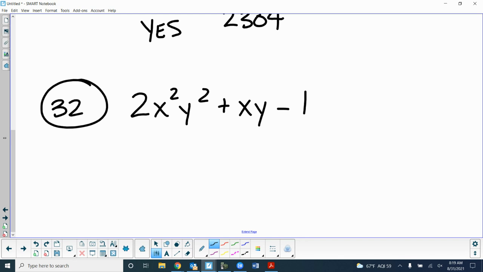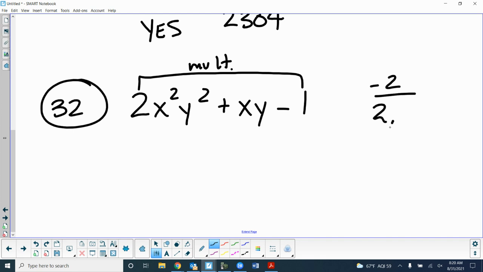It's got 3 terms, so I know it's not number 2 or 3, difference of squares, sum or difference of cubes. This is not both positive perfect squares, so it's not that special trinomial. So it's a regular one. So I've got to do 2 times negative 1, which is negative 2. And guess what? 2 times negative 1 adds up to positive 1.